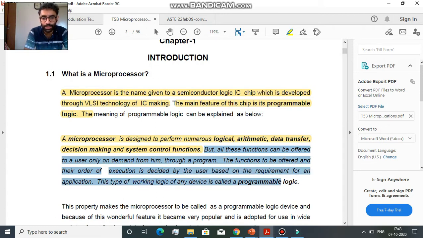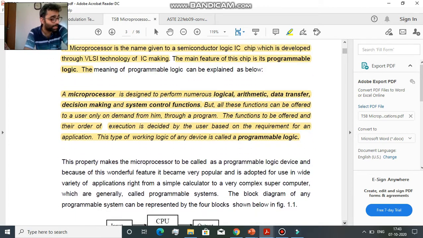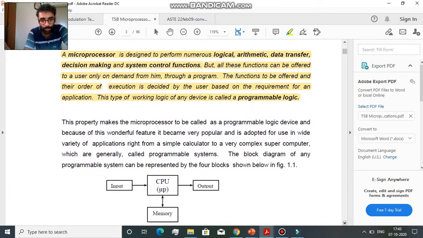This type of working logic of any device is called a programmable logic.